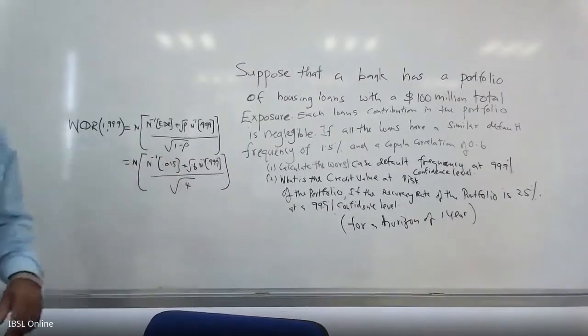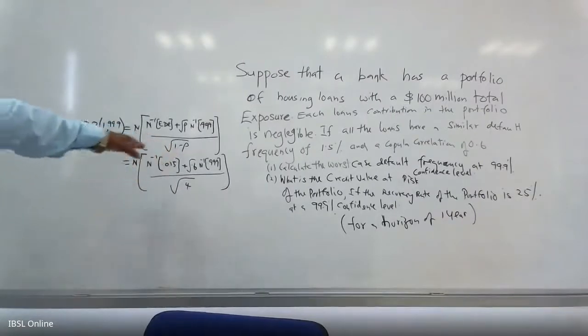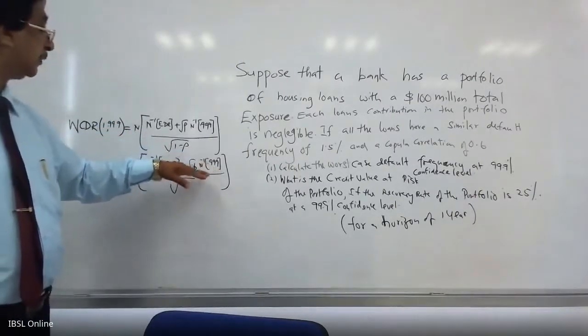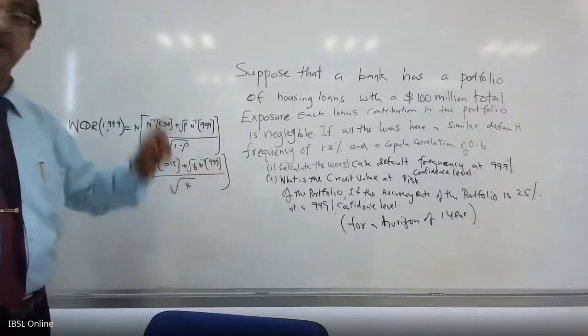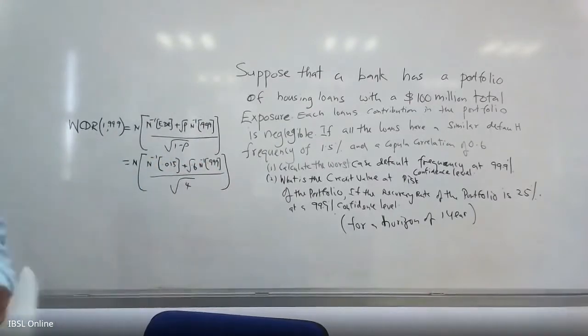Then here also you have to get the inverse normal value of 0.999. Can anyone tell me the value of the inverse normal of 0.015?